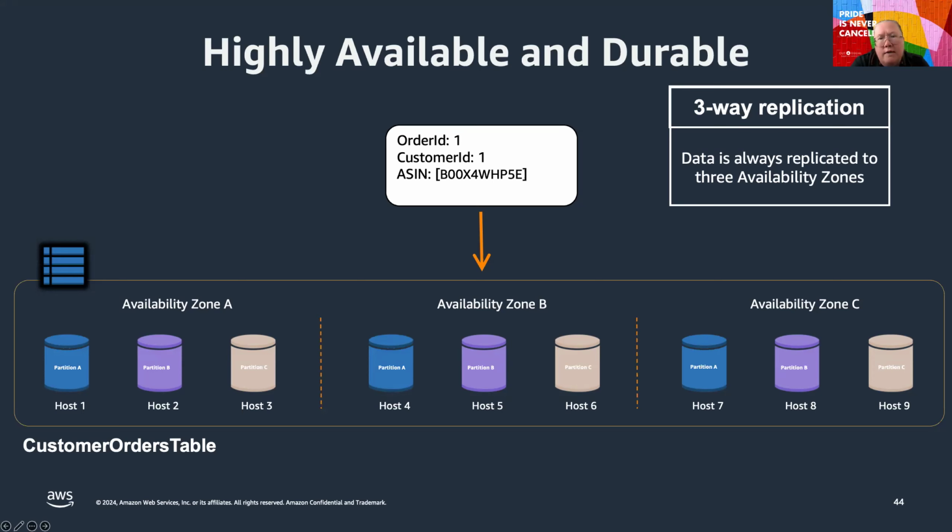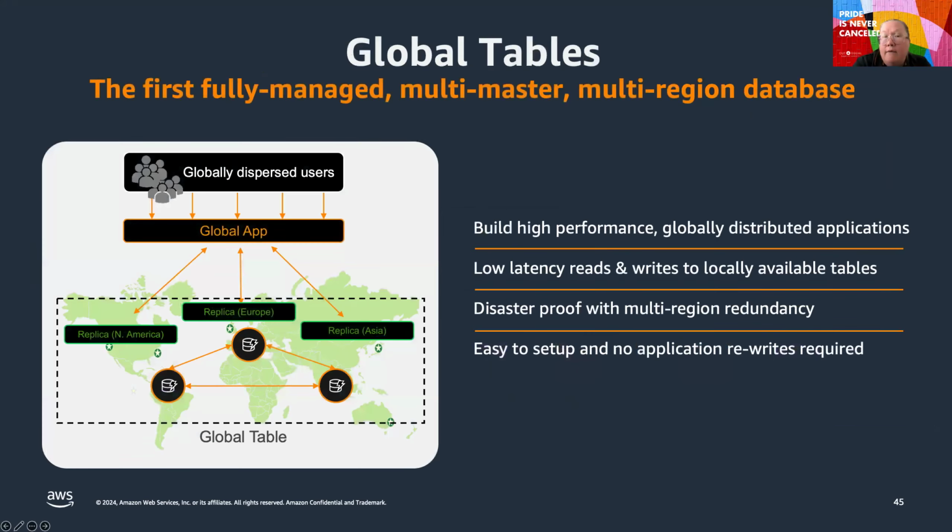What is also very similar to Aurora is the fact that you can have global tables. Let's say that you're building an application with globally dispersed users, with a lot of users coming from, let's say, Europe, Asia, and North America. You can use the same table and replicate it over different regions. That means you have a highly distributed application that supports the data on location, with low latency reads and writes to locally available tables.